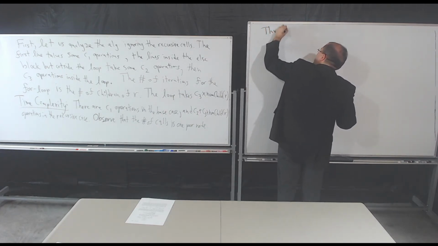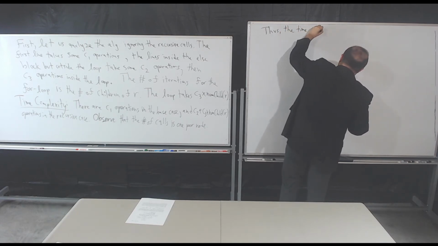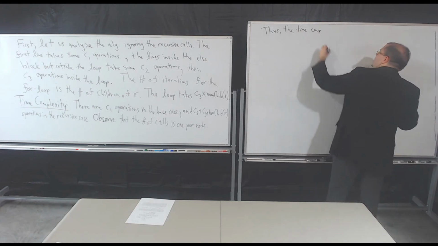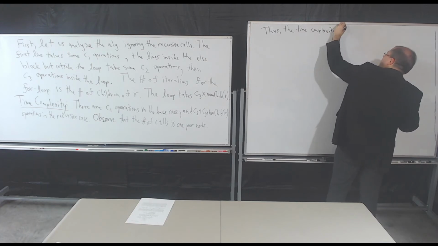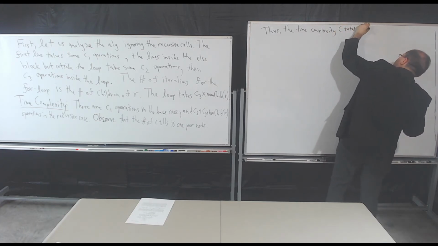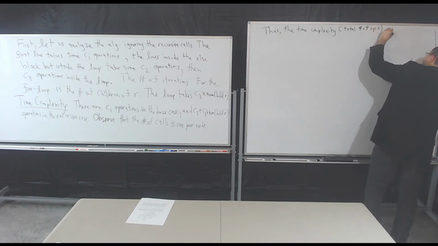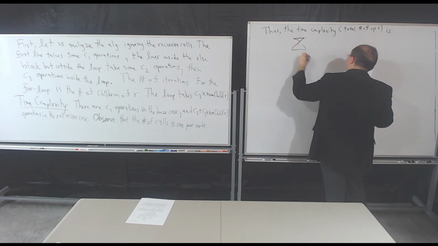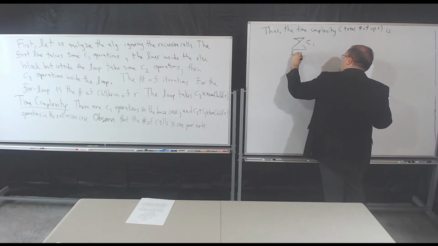Thus, time complexity, or total number of operations, is, so I'm going to use some summations again. So the sum of all the C1s, now these are over all the leaves.